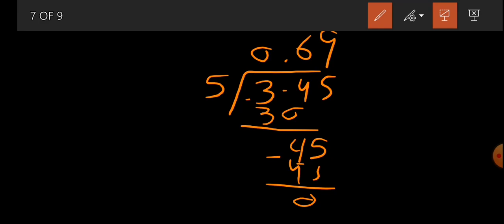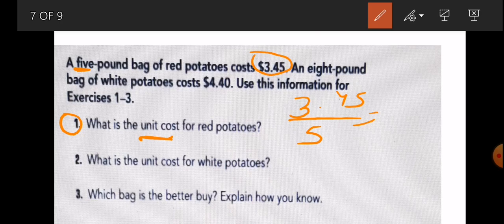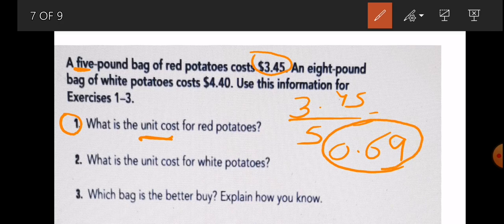Subtract, 0, so the answer is 0.69. So the unit cost here is 0.69. I will say $0.69 and I will stop.